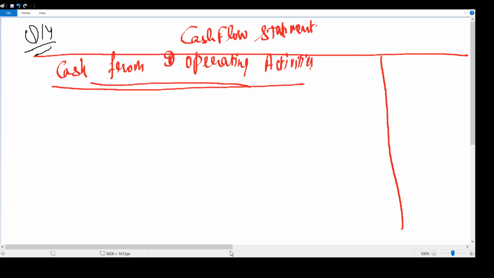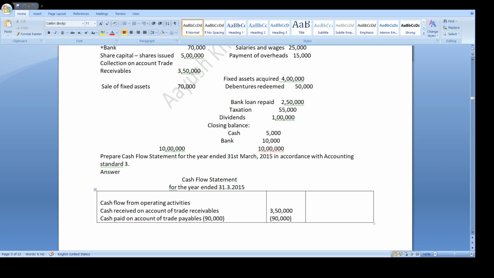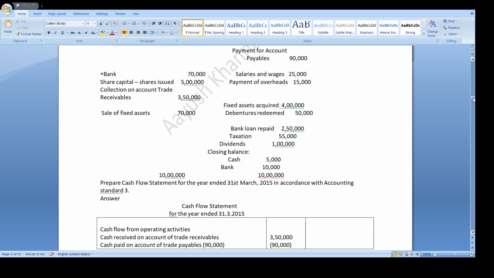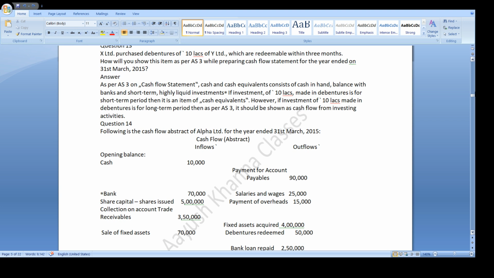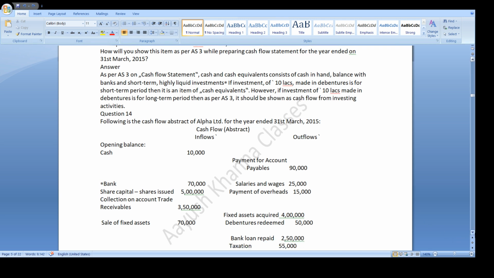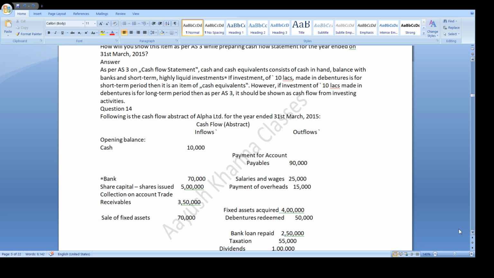Now, just look at the question again. See, there is no profit and loss account given. There is no adjustment for any profits. So we'll assume it to be the direct method.